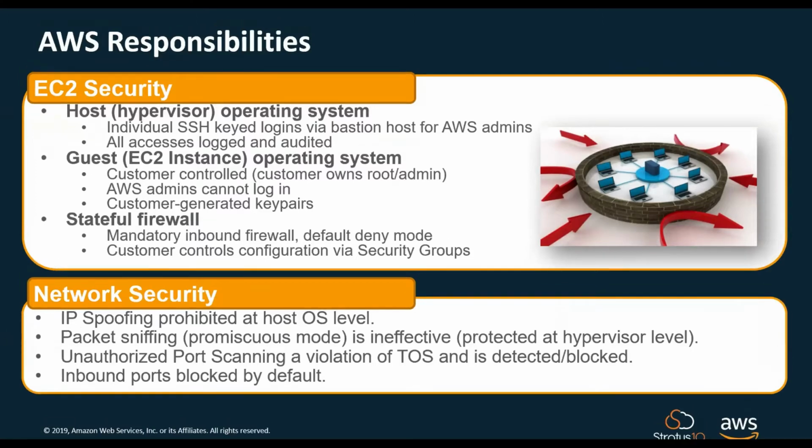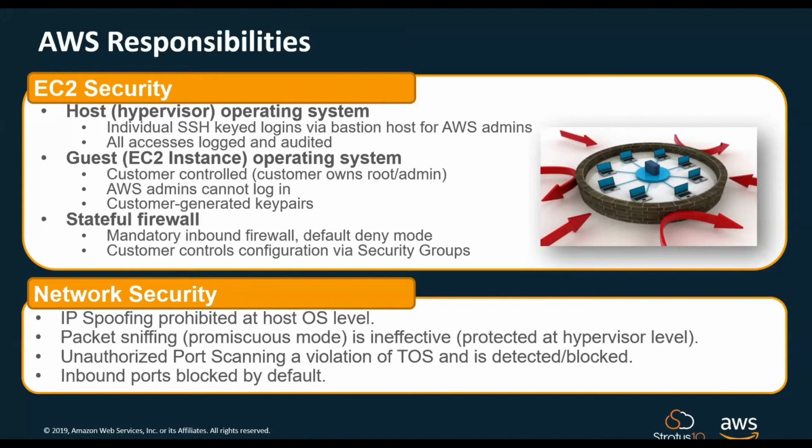Also, the EC2 instances, the operating systems, the underlying infrastructure, and those stateful firewalls, the physical firewalls on AWS, because the ones that you are familiar with, or the ones that you use, such as security groups, are virtual firewalls, right?